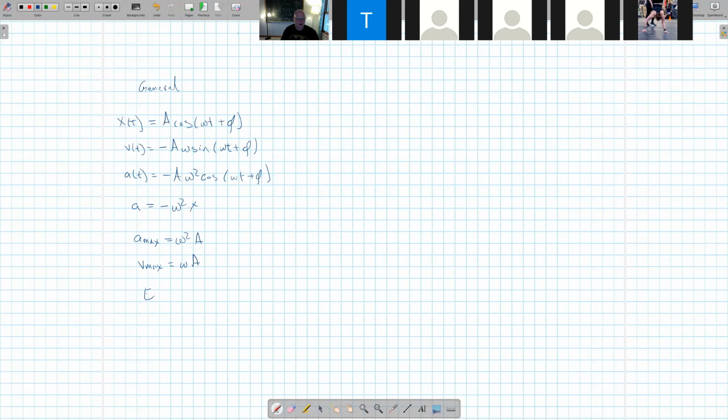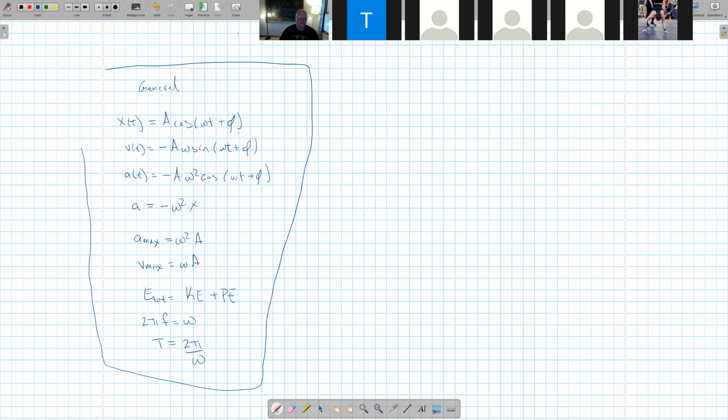We know the total energy is equal to the kinetic energy plus the potential energy. We know 2 pi times the frequency is equal to the angular frequency. And we know that the period is equal to 2 pi divided by the angular frequency. Again, these things are all general for any type of harmonic oscillator.